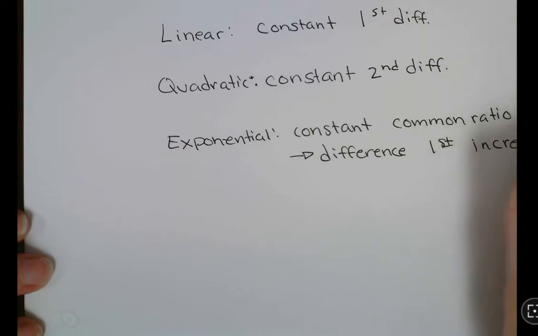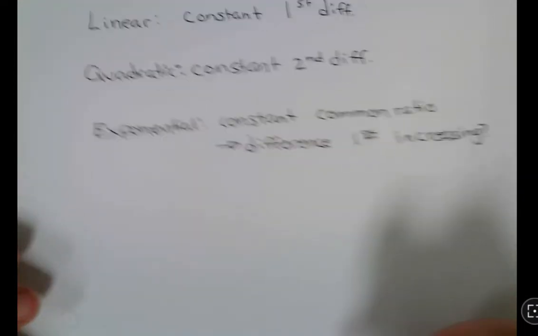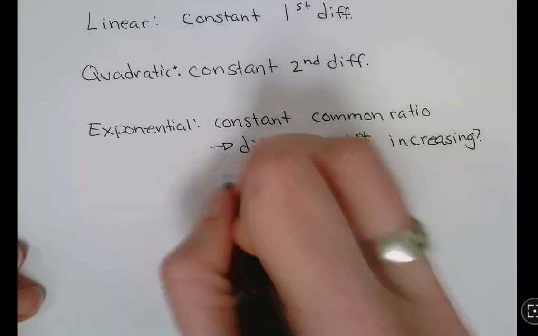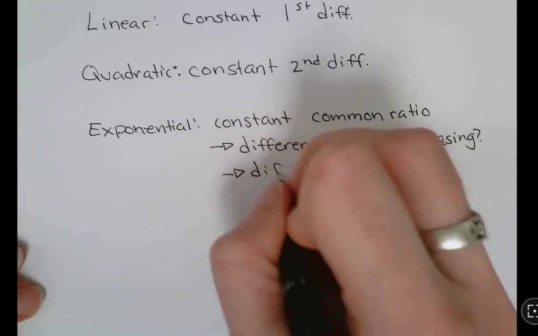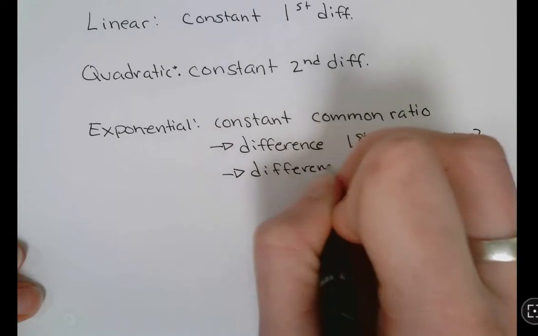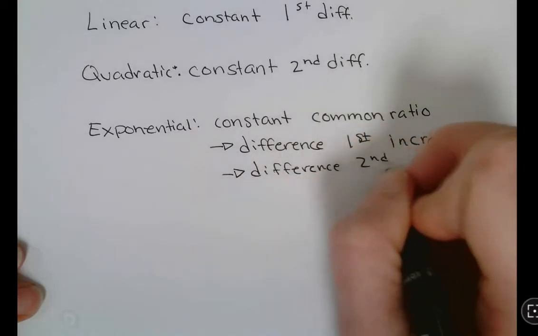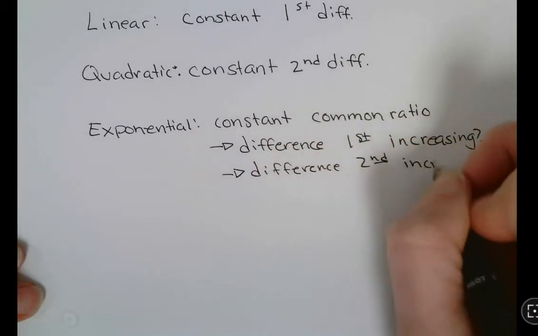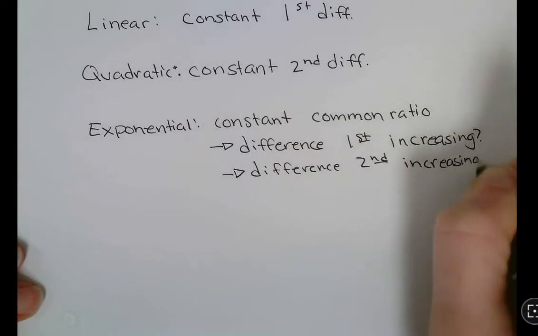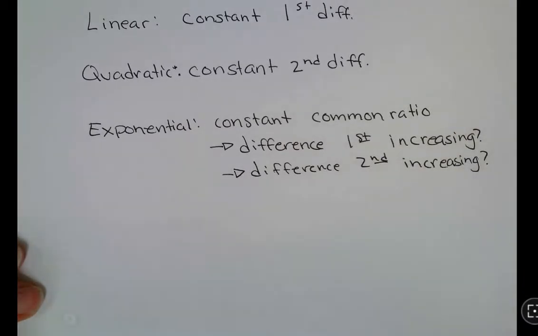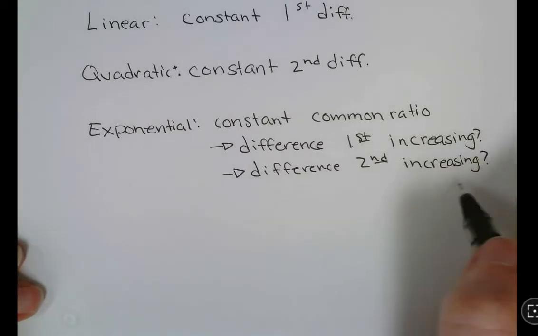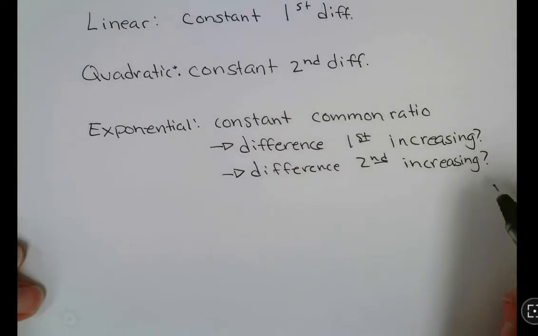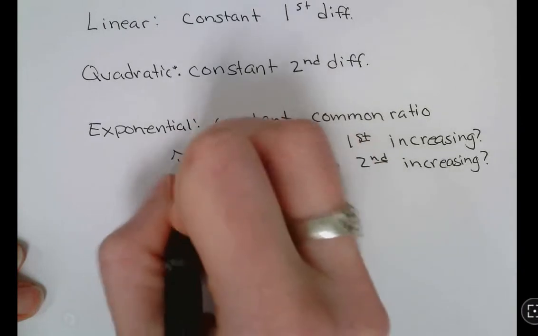If yes, then check your second difference. So if your difference of the second one is also increasing, approximately, remember, real life data won't always follow this exactly, but if it's approximately increasing here as well, exponential.